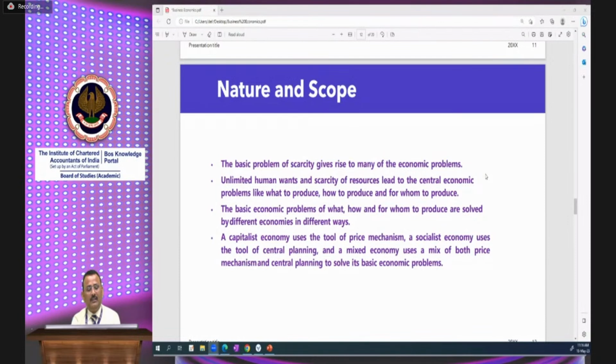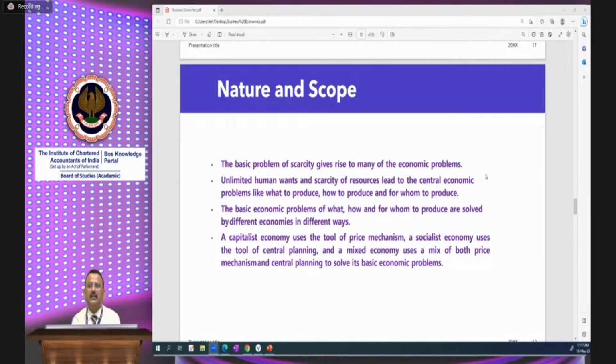These are to be solved by different economies, and they have been solved in different ways.